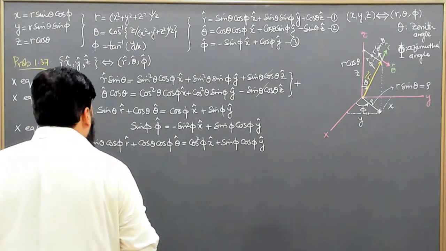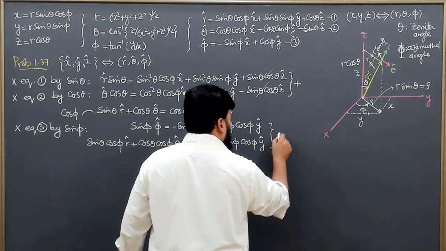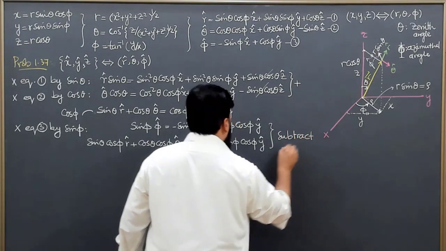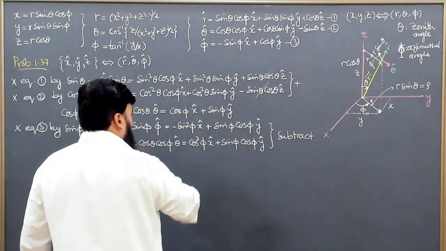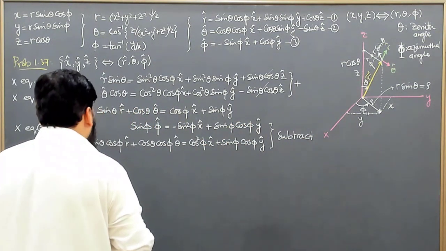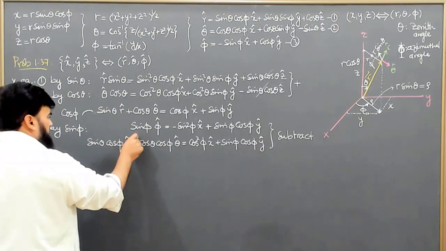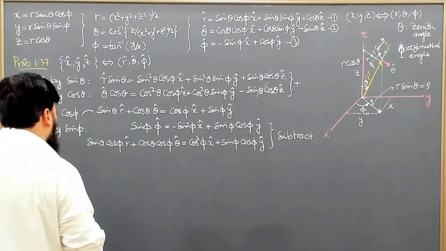And then let me subtract these two from each other, because I want cancellation of this term and want to keep this term. So subtract this equation from this equation. What will it be?